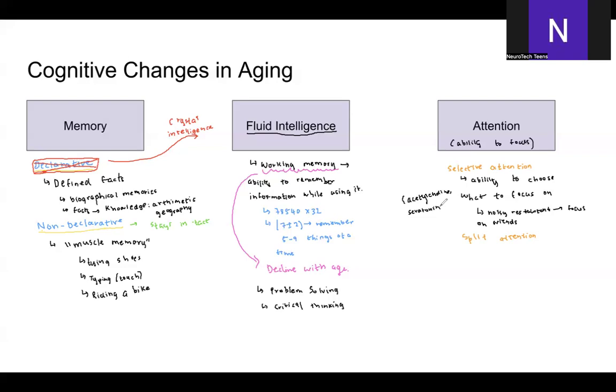These are all hypothesized. There's no concrete evidence yet, but they're all hypothesized to decline with age, which is kind of what causes this inability to focus, right? Then you have what's known as split attention.